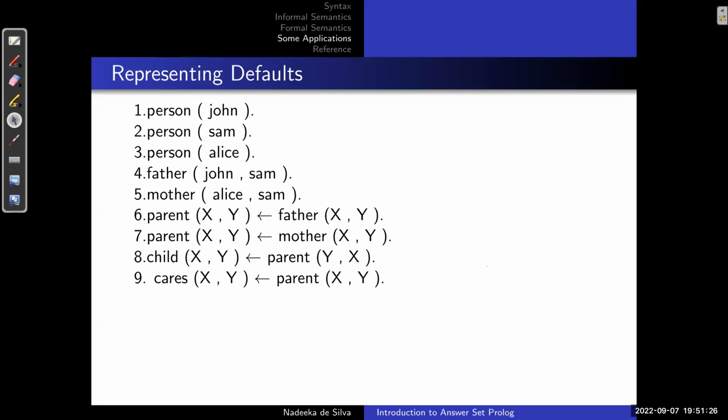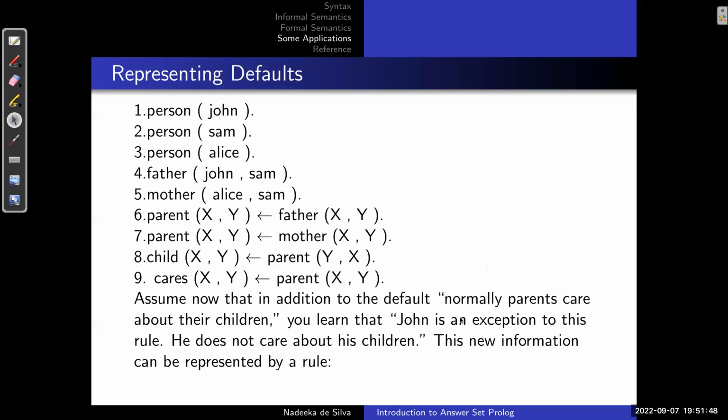Okay. Now if I ask the program whether John cares about Sam, it will answer yes because of rule 9. But think that we learned, in addition to this, that John is an exception to this rule. He does not care about his children.